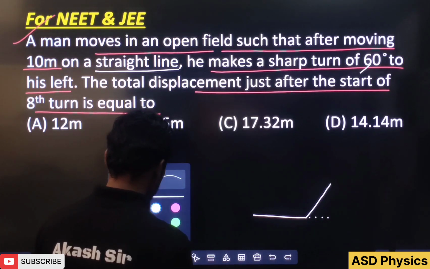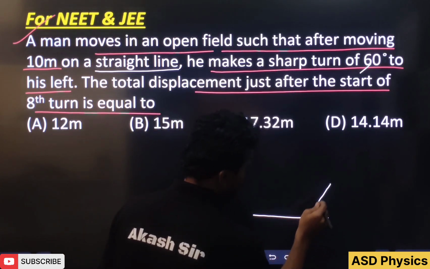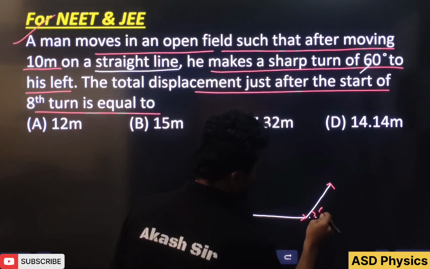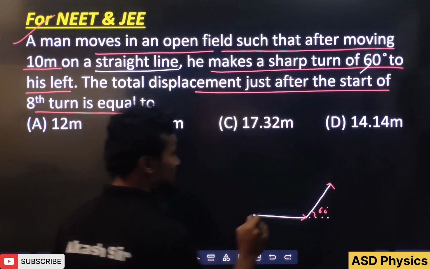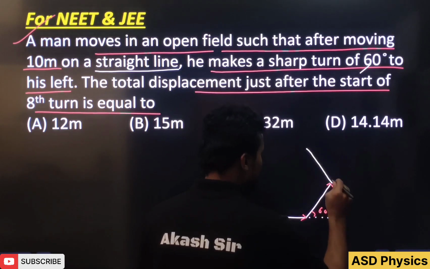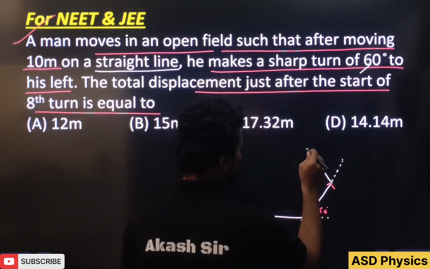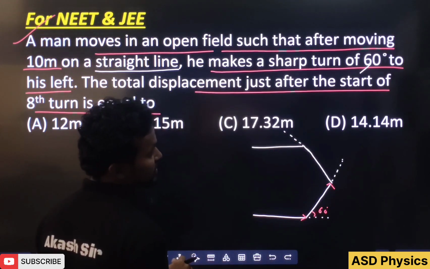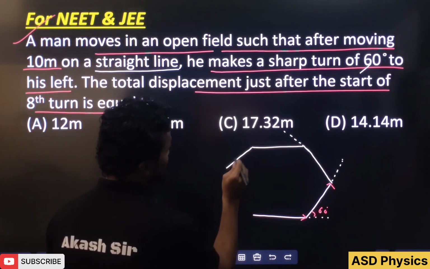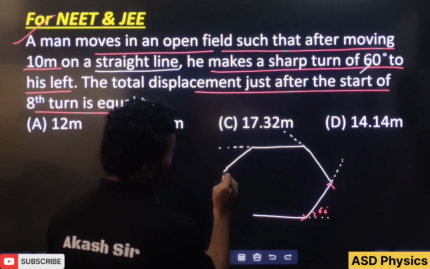Let me draw this one here. See, this angle is how much here? 60 degree. After that, again he will take a 60 degree turn here. Again 60 from here. Again he will go there, and again from here a 60 degree turn, and again a 60 degree turn from here after reaching here.